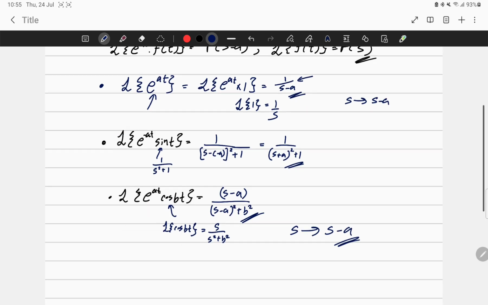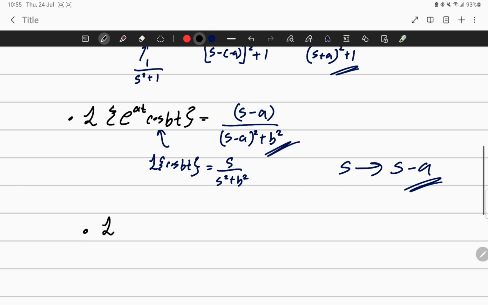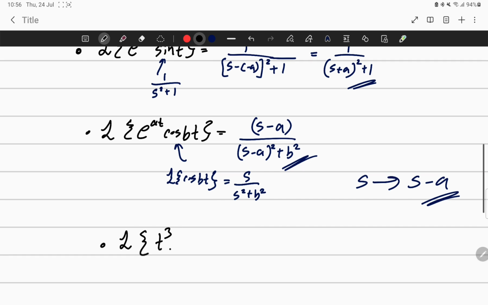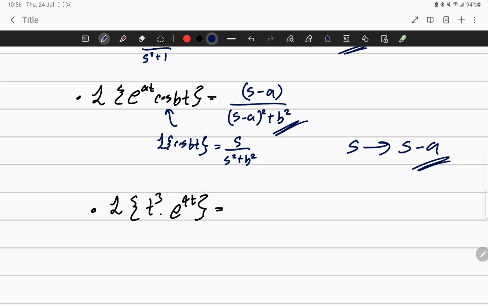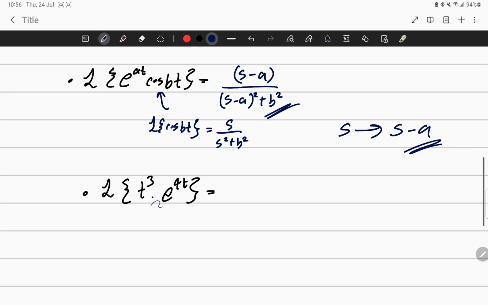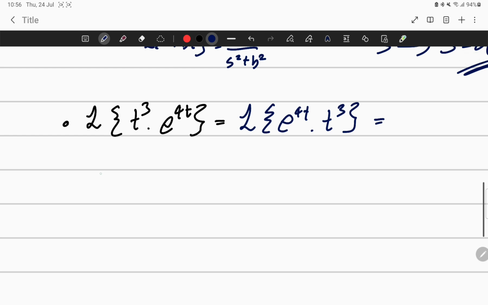The last example: the Laplace transformation of t to the cube multiplied by e to the 4t. Let's write this in our format, e to the 4t times t to the cube. So I have to find the Laplace transformation of t cube.